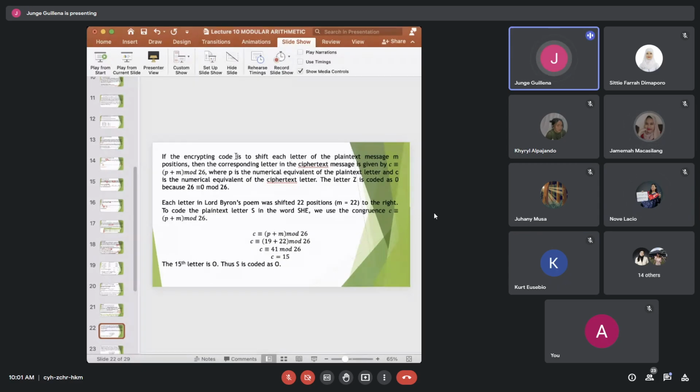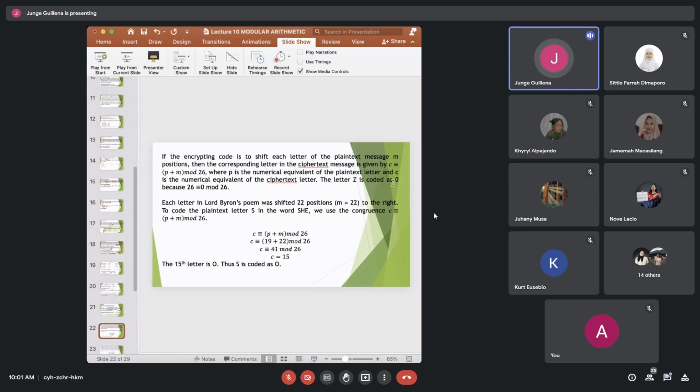So if the encrypting code is to shift each letter of the plaintext message M positions, then the corresponding letter in the ciphertext message is given by these congruence equations. C is congruent to the quantity P plus M modulo 26, where P is the numerical equivalent of the plaintext letter and C is the numerical equivalent of the ciphertext letter.